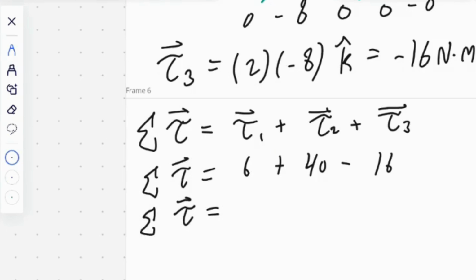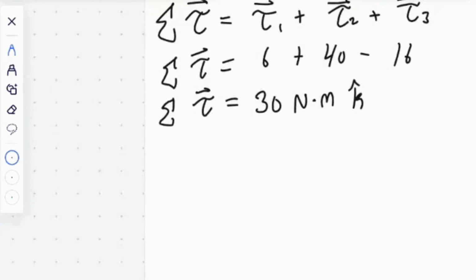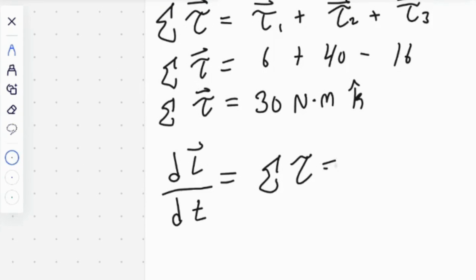So that means that the sum of our torques is going to be 30 Newton meters, k-hat. But we also said that the change in angular momentum is going to be equal to the sum of torques. So our change in angular momentum will also be 30 Newton meters, k-hat. And so that would be the final answer for that one.